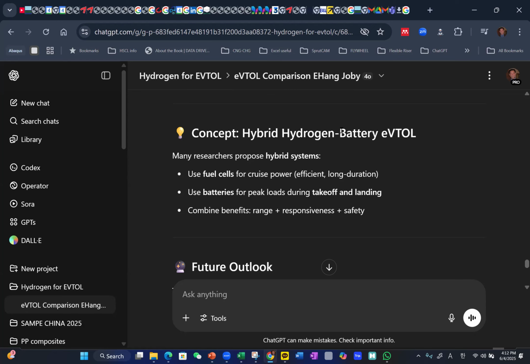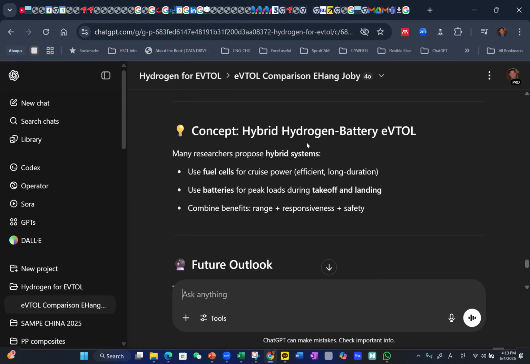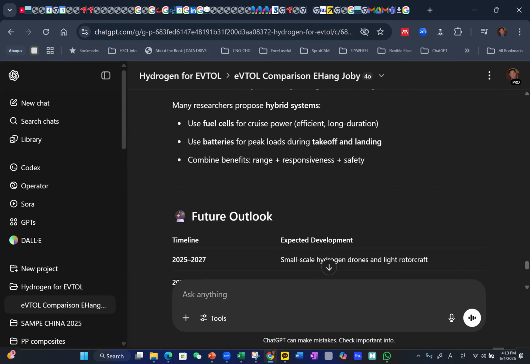So energy control-wise, we can use both hydrogen and battery, but depending on the power requirement, we can alternate between these power systems, and eventually we can increase the efficiency. See, use the fuel cell for cruise power, which takes less power, and then use the battery for peak load. So that is the hybrid.